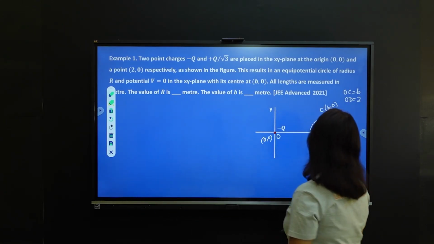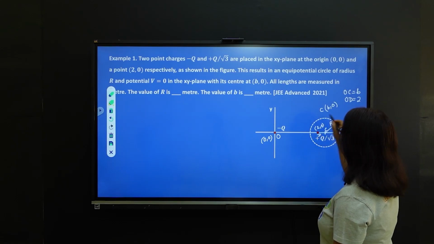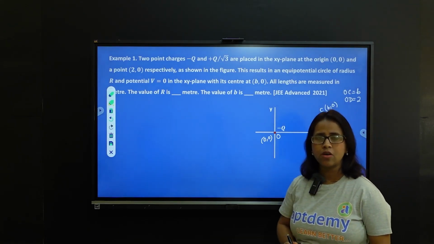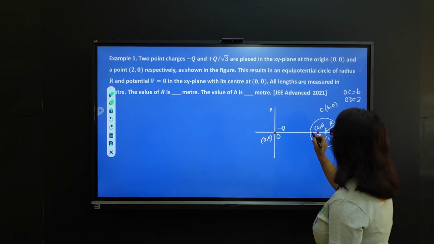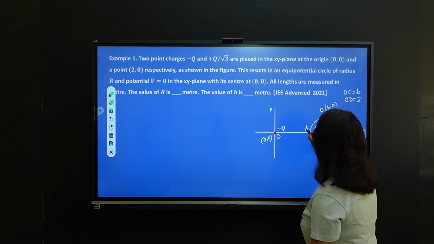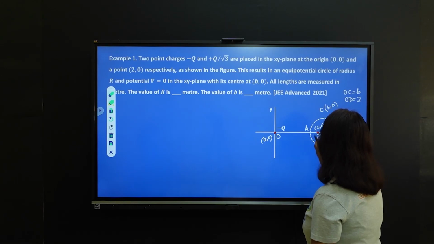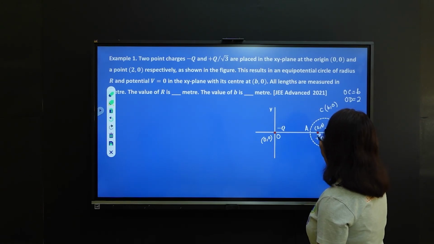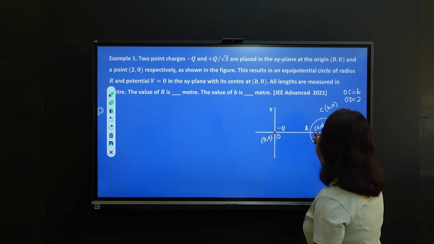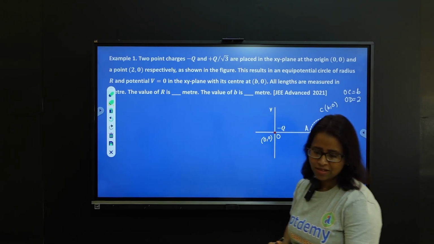Now, we suppose that the equipotential circle is cutting the x-axis at a point A, and we shall assume all the distances here.